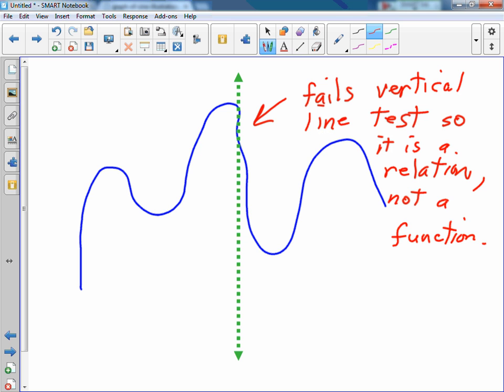If it fails the vertical line test, if you can draw this green line anywhere along here and you hit more than one point, more than one intersection, even there it would fail, then we'd say it's a relation, not a function.